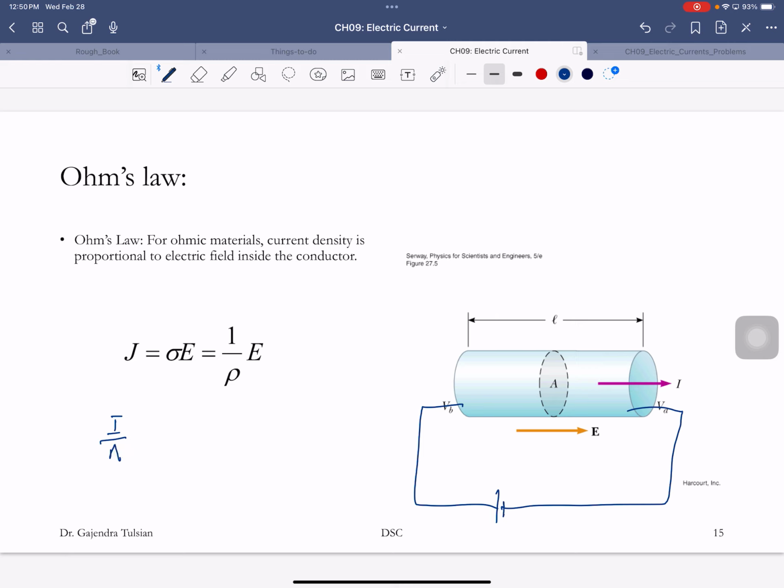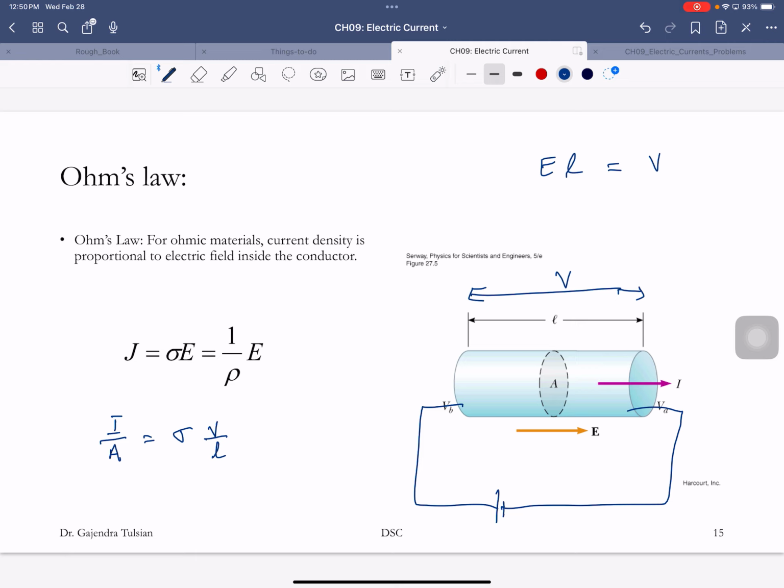Current density is I over area, and E times the length gives you the voltage across the wire, so E is voltage divided by length.